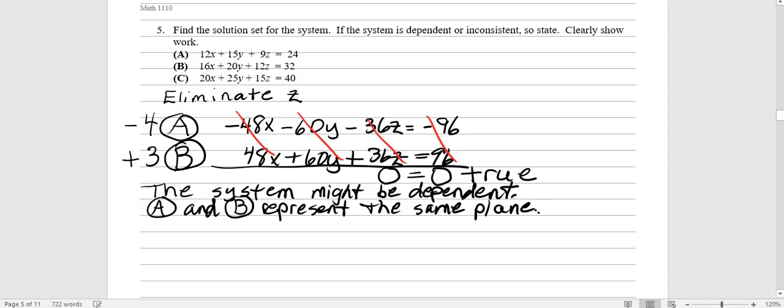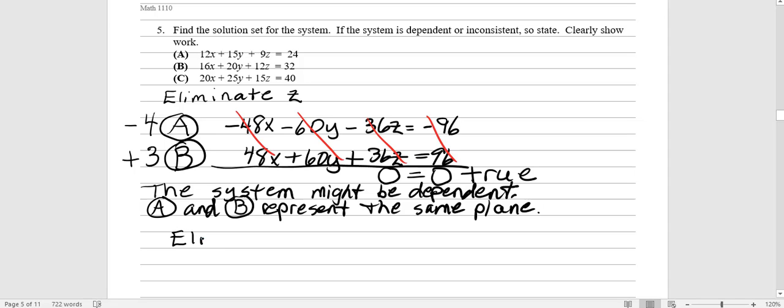These are really equivalent equations. If I were to graph equation A, I would get the same plane that I would obtain if I graphed equation B.